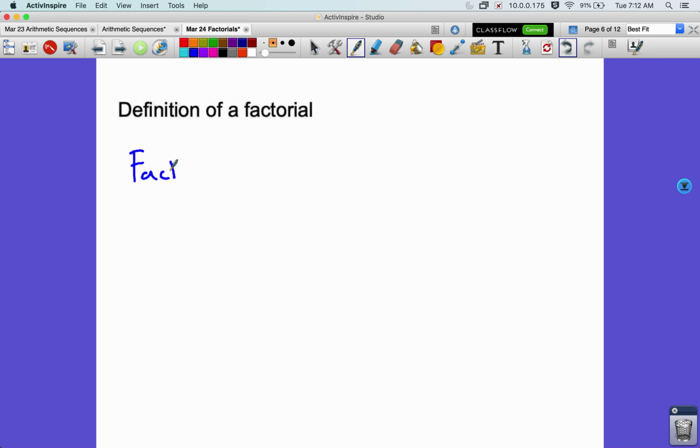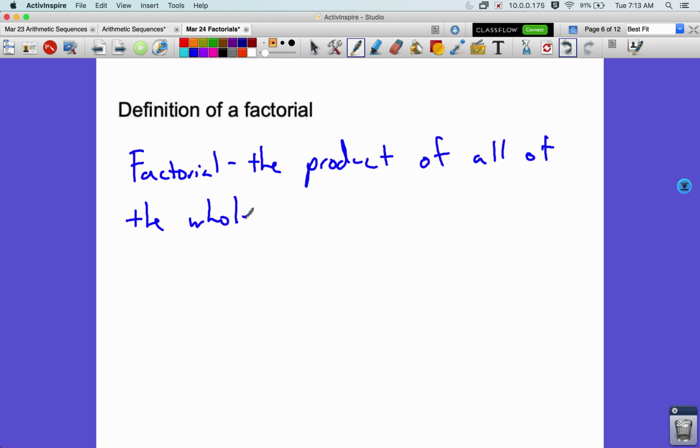All right, here's our definition for our notes. A factorial is the product, here meaning the result of multiplication, of all of the whole numbers less than or equal to a number.